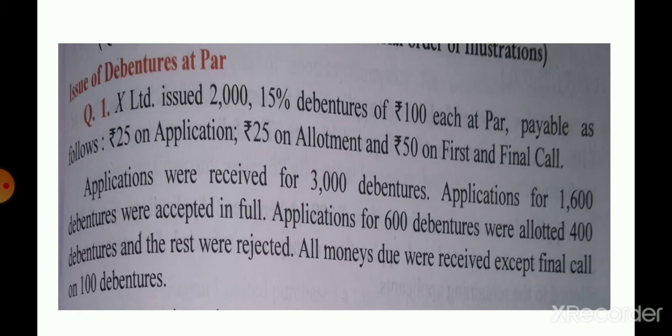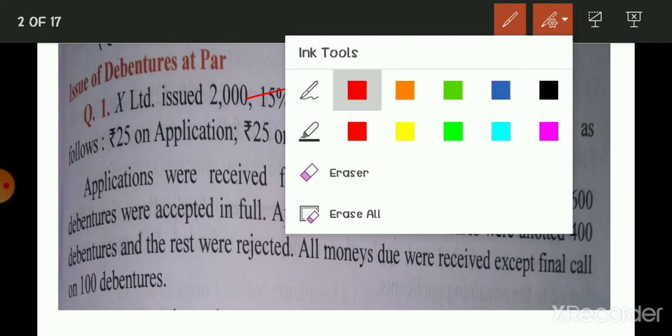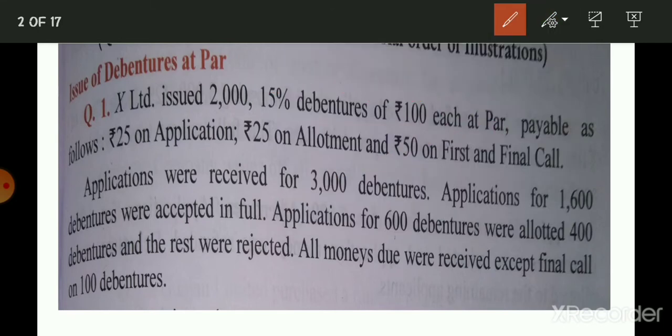Here we see that the company issued only 2000 debentures, but they received applications for 3000 debentures. So 1000 debentures is excess. They will adjust this money in allotment, and the money of rejected debentures will be returned.